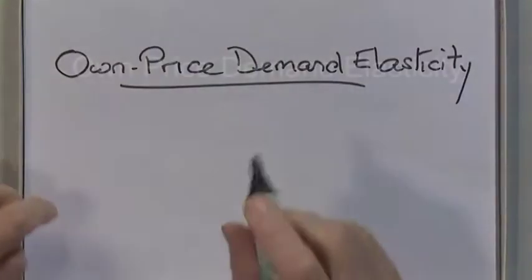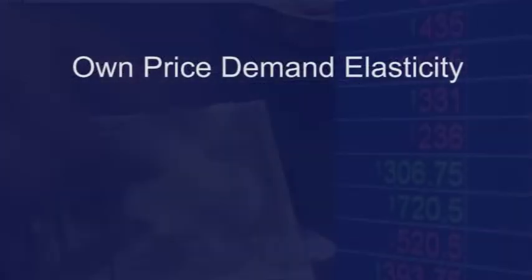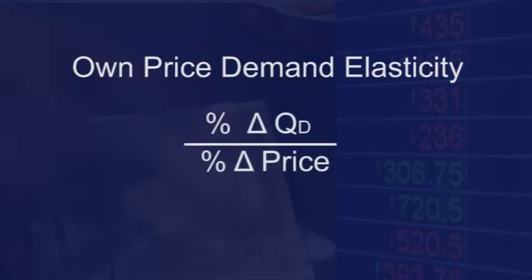And we'll do that with a simple formula. And the formula that we're going to use is this. We're going to look at a price change and say, what's the percentage change in the quantity demanded for some given percentage change in the price of the good?